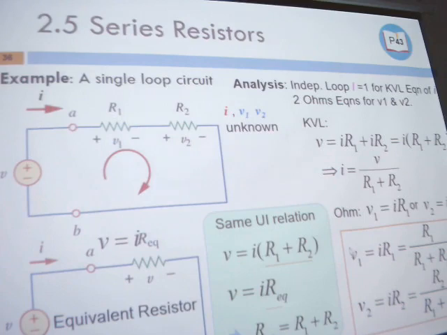And you can notice, for V1, we can put the value of I inside, and we get this one. And we also can put the I inside this equation, and we get this one. Observe those two equations. What do we have? We can see the denominator is the same. And the V is the same. The only difference is the numerator: for V1 it is R1, for V2 it is R2.